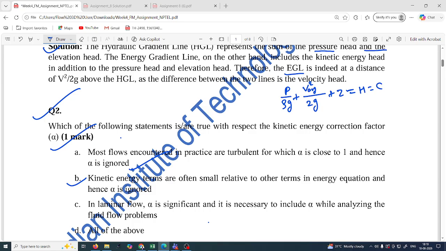As you know, in laminar flow the velocity profile is like this, parabolic. In turbulent flow, the velocity profile is like this, slightly more linear than parabolic.